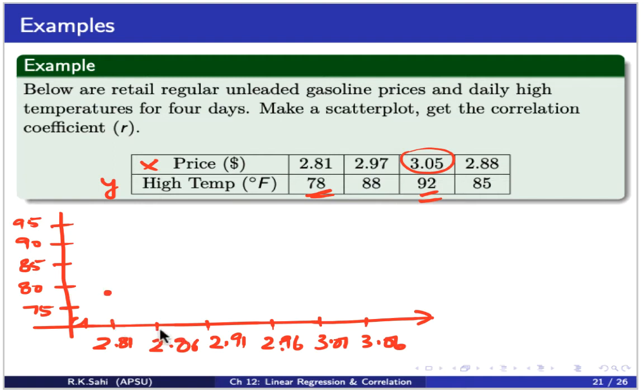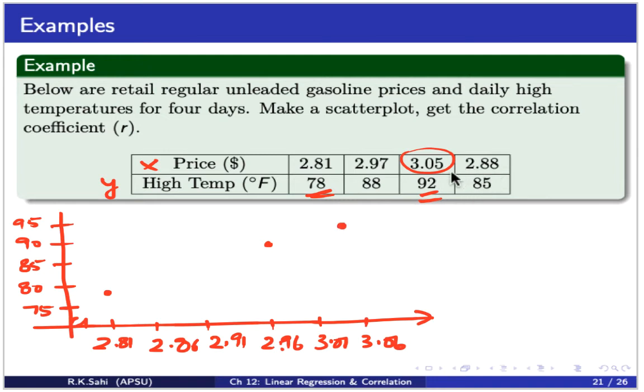Okay, 2.86, then we have 2.97, sorry. So it's somewhere close here and it's 88. Then 3.05, closer here, and 92, all the way up, a little up here.